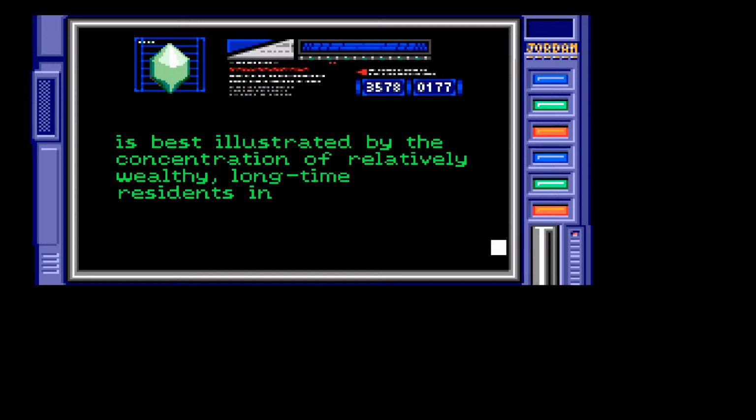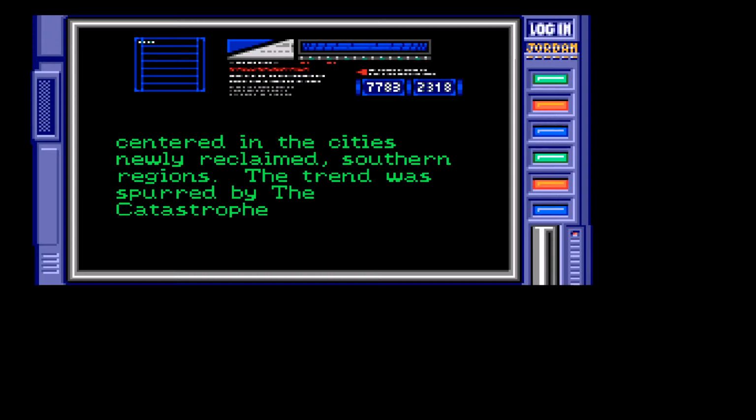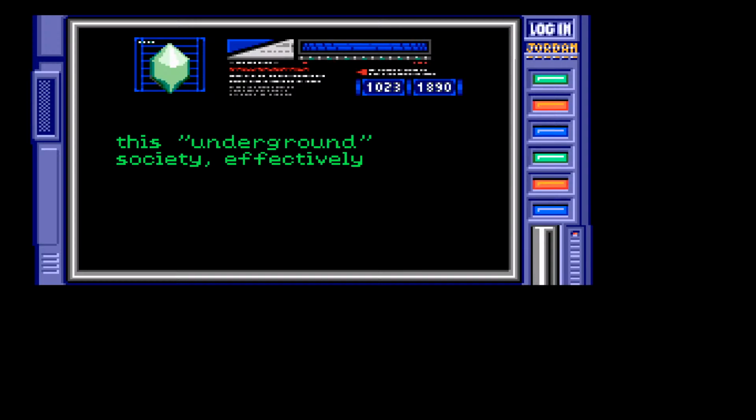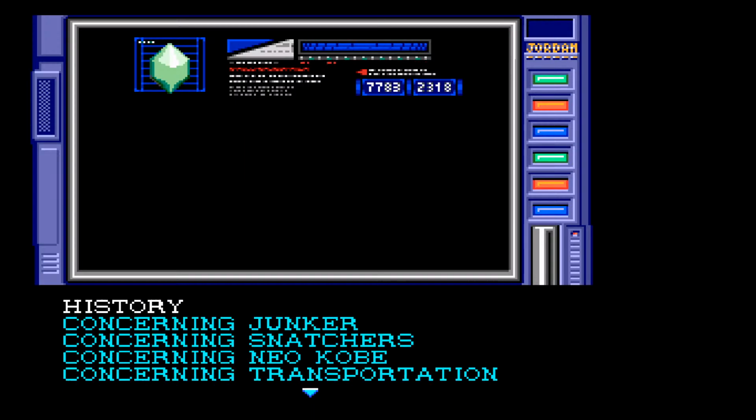The problem is best illustrated by the concentration of relatively wealthy long-time residents in the city's northern zones, versus the relatively poor, mainly immigrant population centered in the city's newly reclaimed southern regions. The trend was spurred by the catastrophe, which created vast waves of new immigrants who developed this underground society, effectively splitting the city into distinct groups or cultures, that of the North and the South.